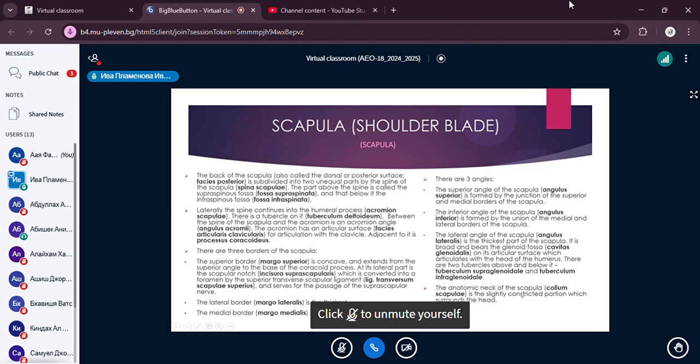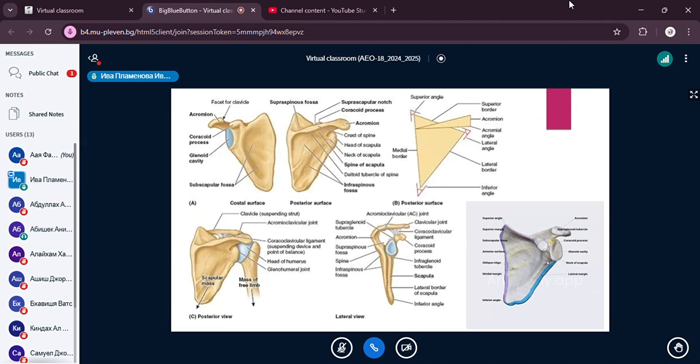Above and below it, we have two tubercles, tuberculum supraglenoidale, which is above, and tuberculum infraglenoidale, which is below the glenoid cavity. We have the neck of the scapula, which is called collum scapulae, which surrounds the head. So you can see these things here.